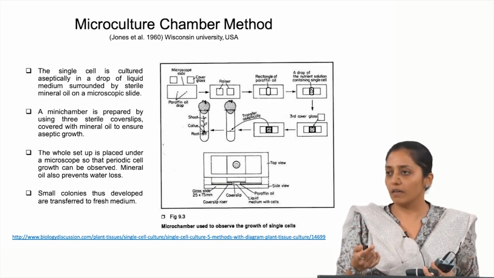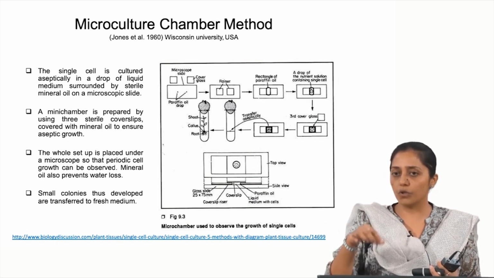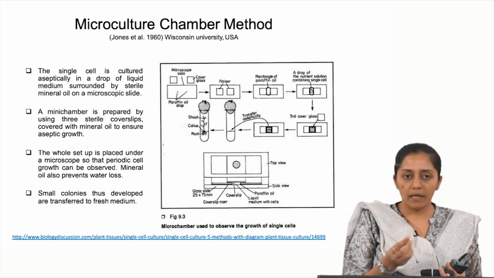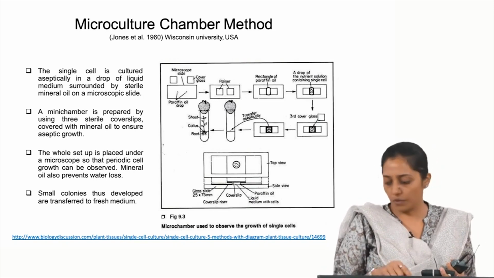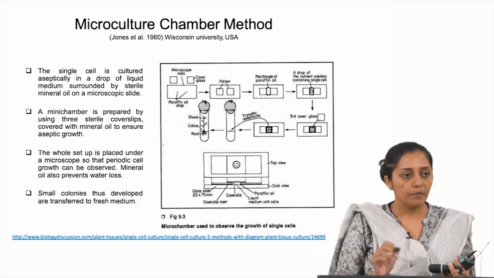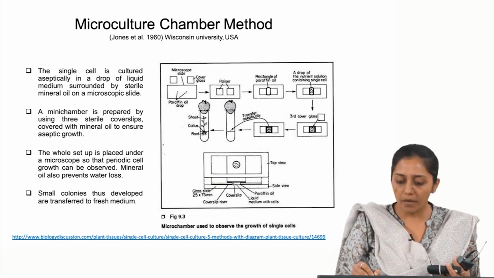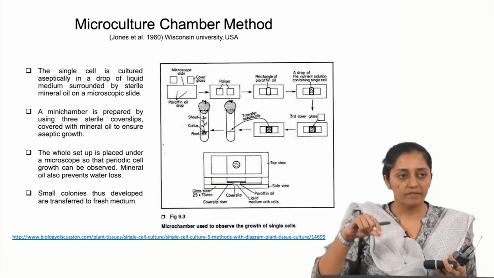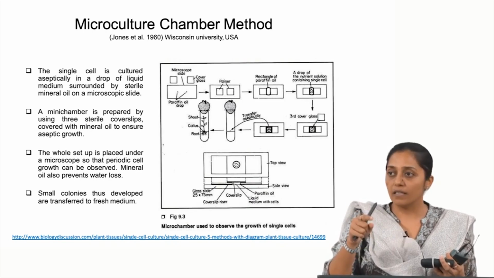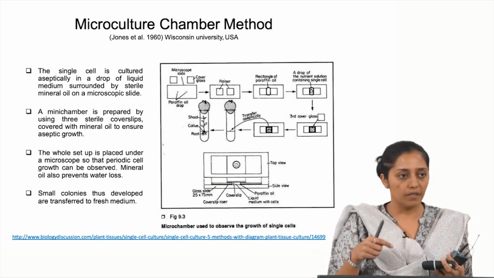I hope you know what cover slips are. You take 3 cover slips. 2 cover slips, when put on top of the glass slide with the oil, will form this gap which is shown here, this gap between the 2 cover slips. Because there is oil underneath, it will form a small oil boundary, so as to give a sterile environment, so that whatever is inside this square would not be in touch with the outside world.